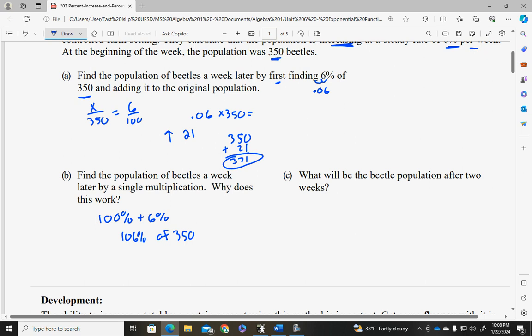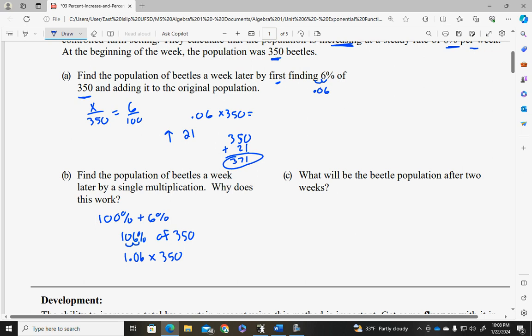So that's going to make the 350 increase because 106% is greater than 100%. 100% of the beetles is just 350. 106% of the beetles is going to be greater than 350. So I can change this percent to a decimal by moving it two places, and I get 1.06 that I want to multiply by that 350.